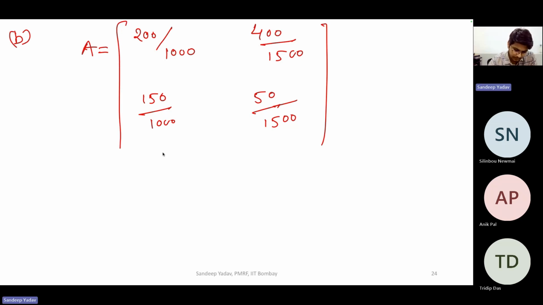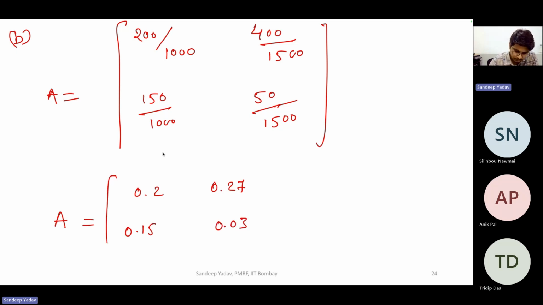That's how we calculate the matrix A. When we calculate it, A would be 0.2, 0.27, 0.15 and 0.03.